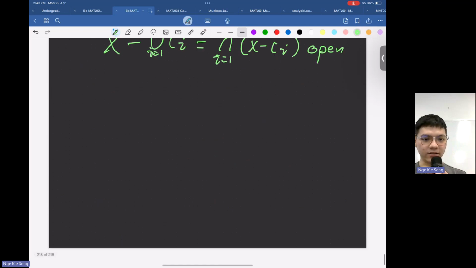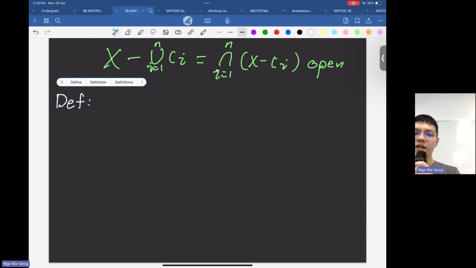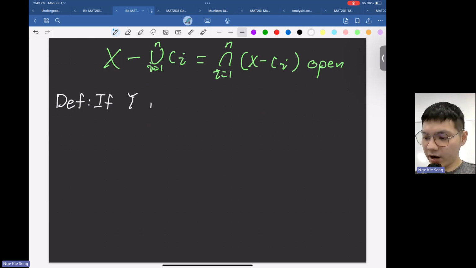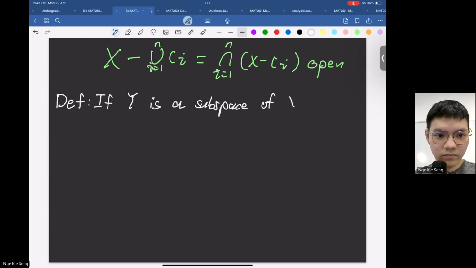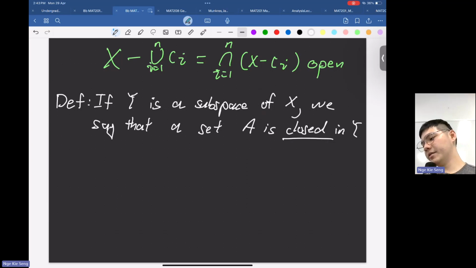Okay, so let's continue. We have a similar definition. Now we will explore some properties of closed sets. So first, if Y is a subspace of X, we say that a set is closed in Y. Last time we said a set is open in Y if it is open in the subspace topology.